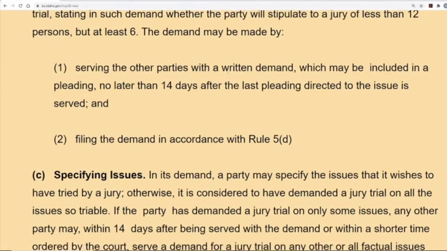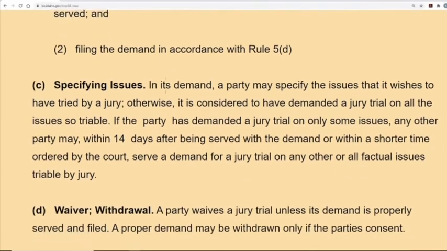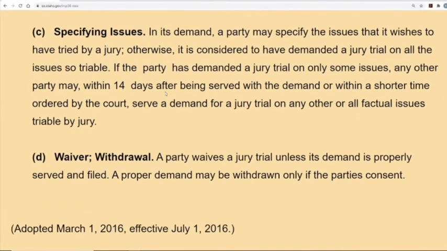Serving the other parties with a written demand which may be included in a pleading no later than 14 days after the last pleading directed to the issue is served, and filing the demand in accordance with Rule 5D. You have to file it with the court. In its demand, party may specify the issues that it wishes to have tried by a jury. Well, it's the Idaho Code law.